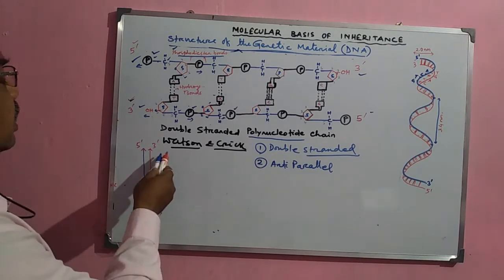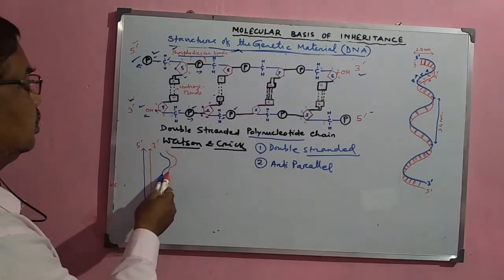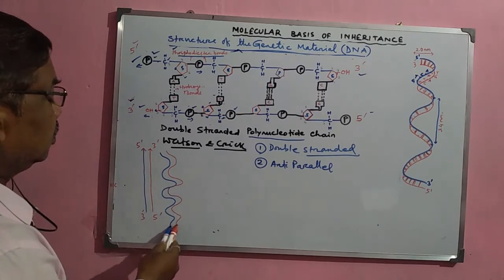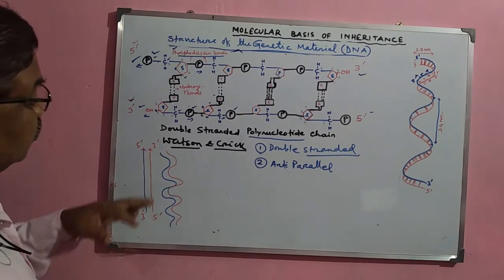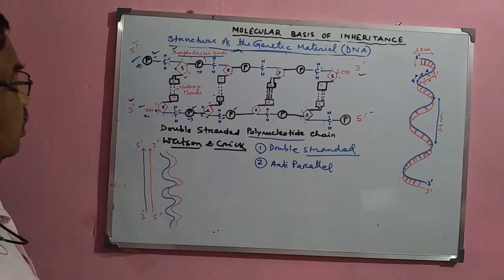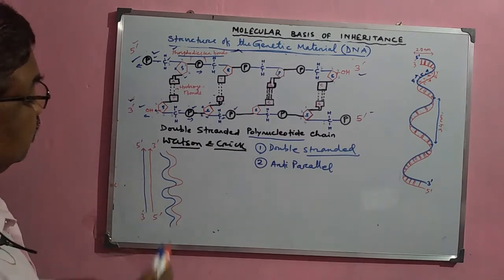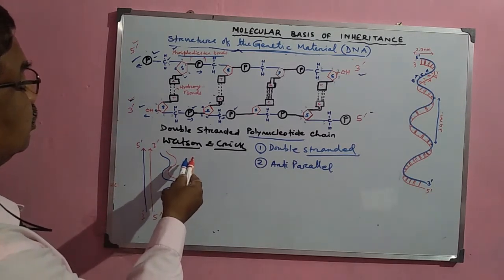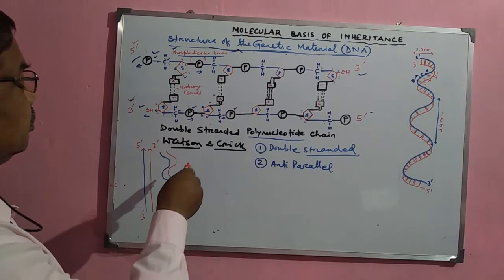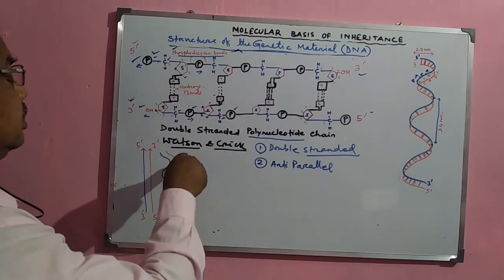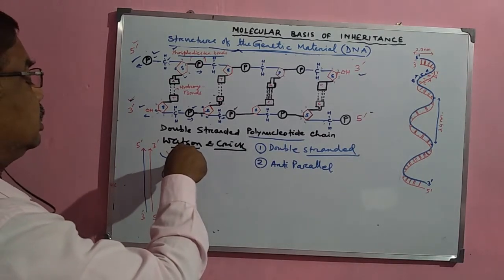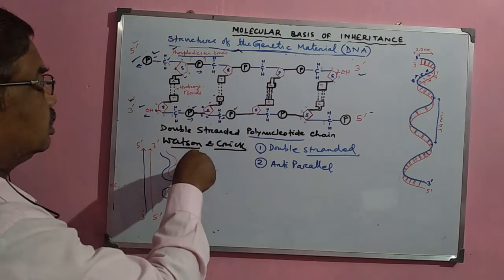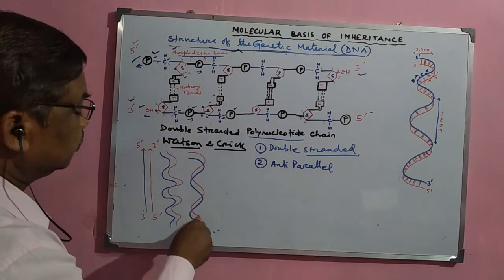Now, these parallel lines can move in this way. We are just observing the two-dimensional figure, where they are overlapping with one another. But actually, look at the pen. The distance is constant between these two strands or two lines. Now, you can easily draw the DNA structure in this way.